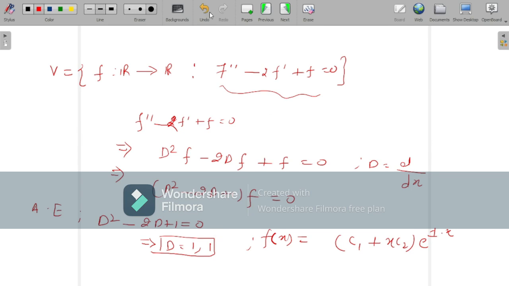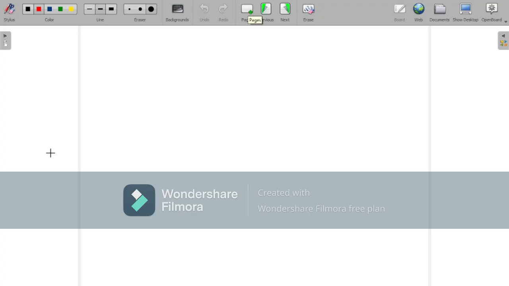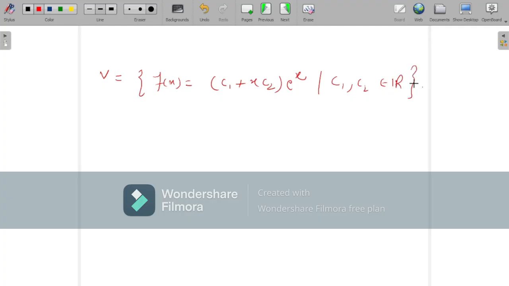So this means that vector space B contains all those functions f of x equal to (c1 plus x times c2) into e to the power x, where c1 and c2 are arbitrary constants. Okay. See, this vector space B is spanned by e to the power x, comma x times e to the power x.